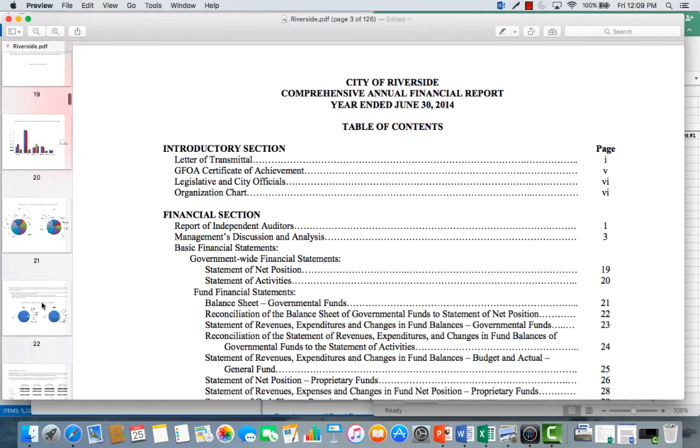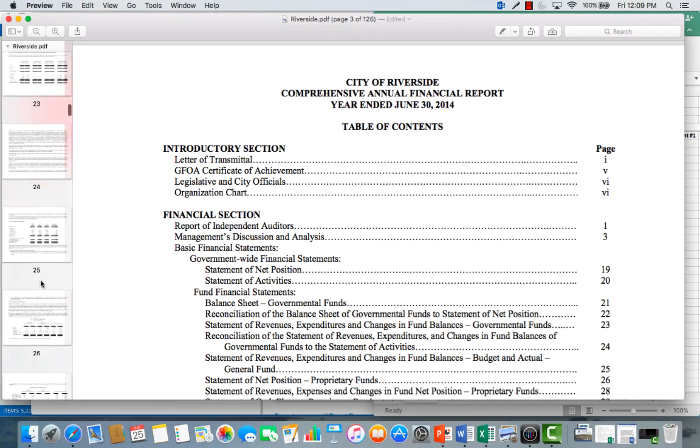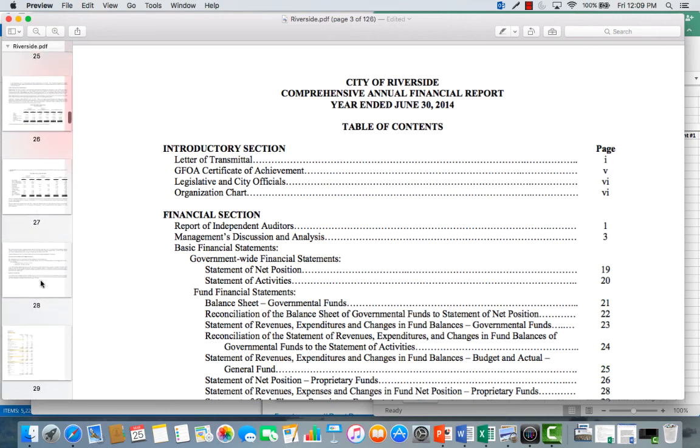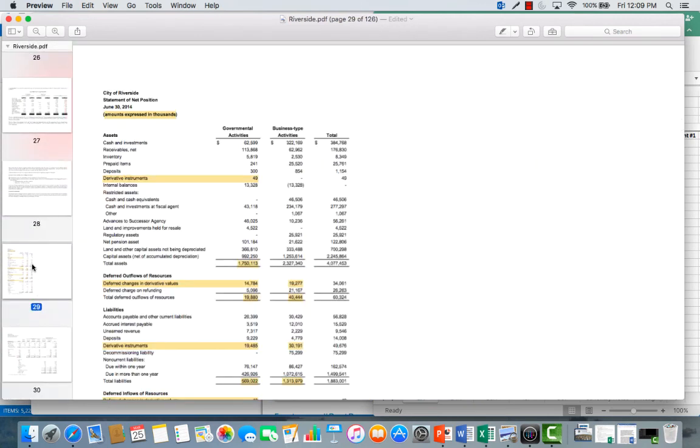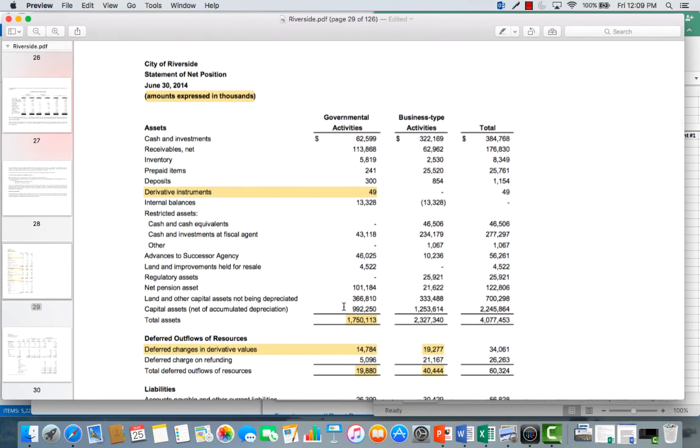You can always tell what the MD&A is because there are graphs and charts in it, and somewhere shortly after MD&A appears to end is where you're going to see the financial statements. And in fact, here's the government-wide statement of net position. I'm going to make that a little bit larger so that it's easier to see.